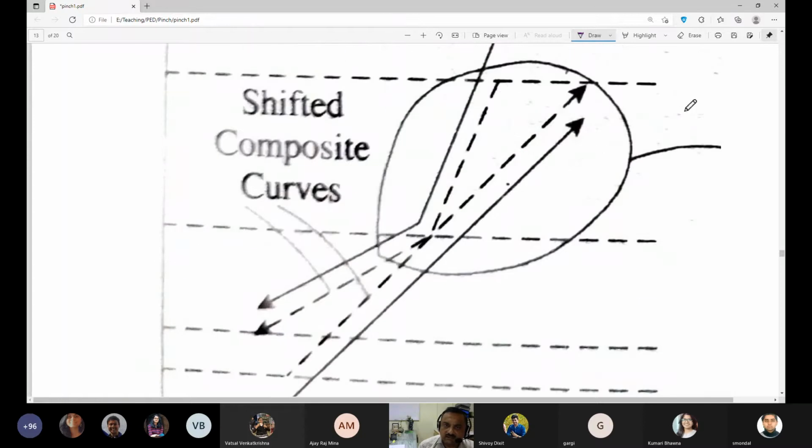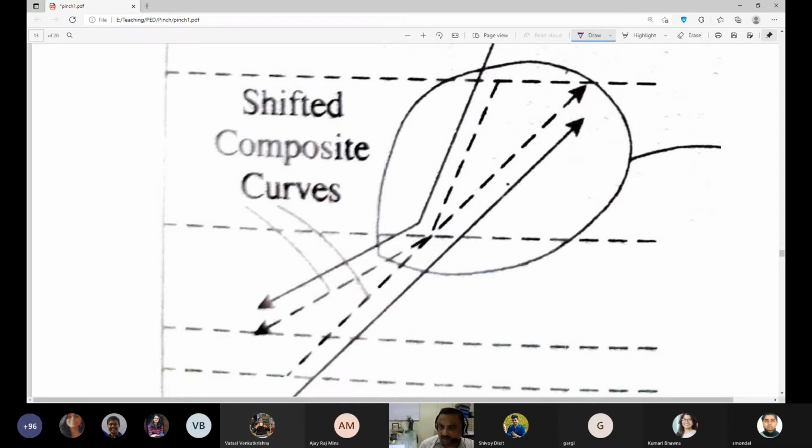If I have the composite curve for the hot stream and the composite curve for the cold stream, and their difference is delta T min, which is 10 degrees, we can shift the hot composite curve down by 5 degrees and lift the cold composite curve up by another 5 degrees. Then they will merge and the delta T will become 0.